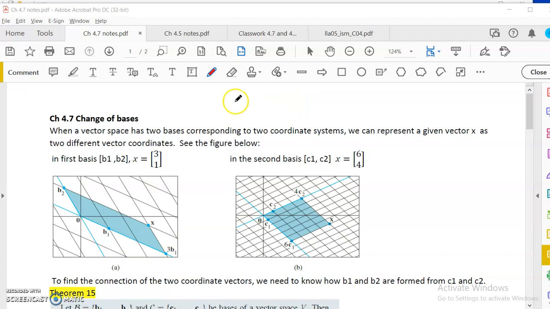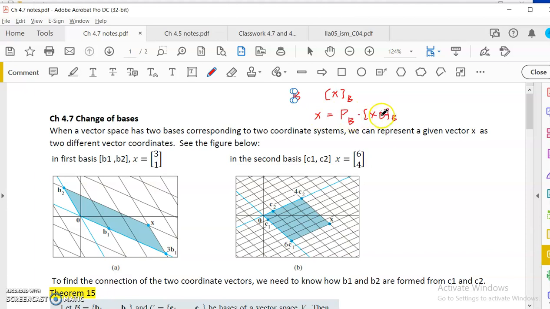In 4.4, we said if we have another basis B and we want to write a vector based on this, our notation was x based on B. The relationship between the standard matrix notation is the change of base matrix times x of B. If you want to find x of B, you solve the equation P of B times x of B, which is the unknown, equal to your standard notation, and then you can find it.